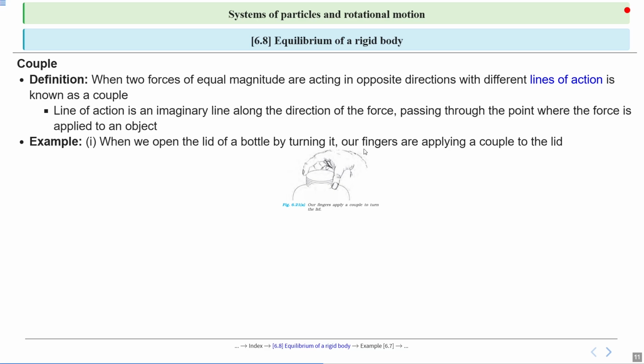A couple is a pair of equal and opposite forces that are not in the same line of action. This condition of the forces creates a torque, which is what causes the lid to rotate and open. Yes or no?